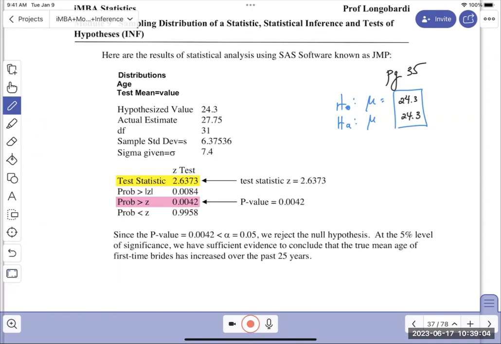And then what sign am I going to put in the alternative, according to the highlighting?